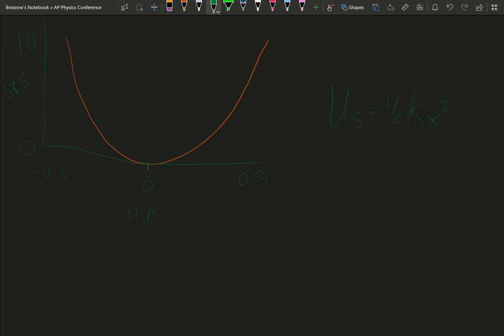So on the grid below, sketch a graph of the force exerted by the spring on the block as a function of the block's horizontal position. So now we need to make a force graph.